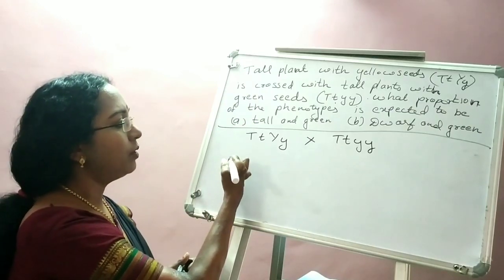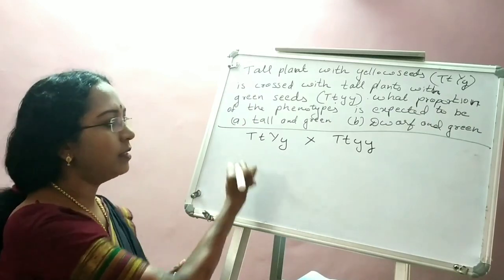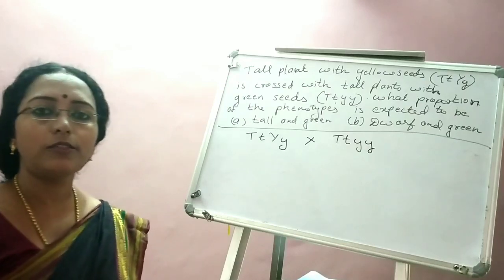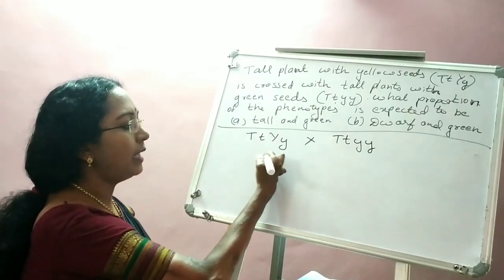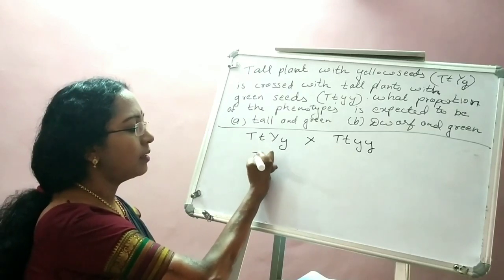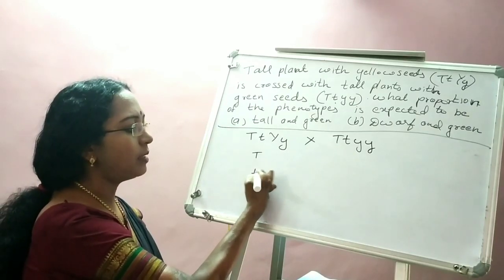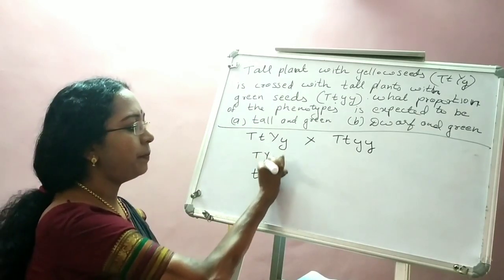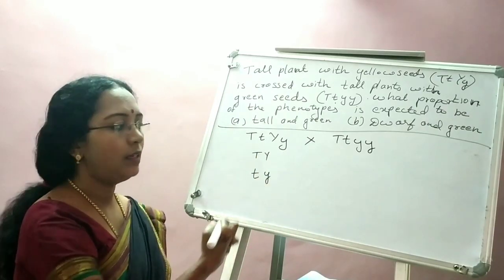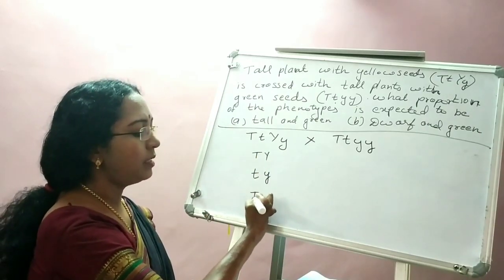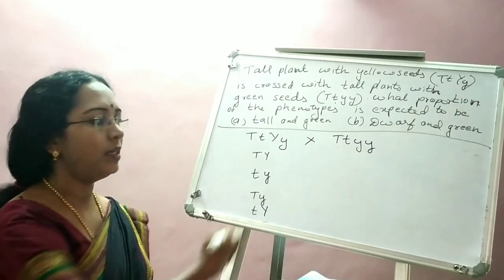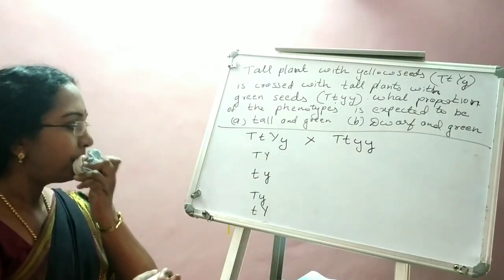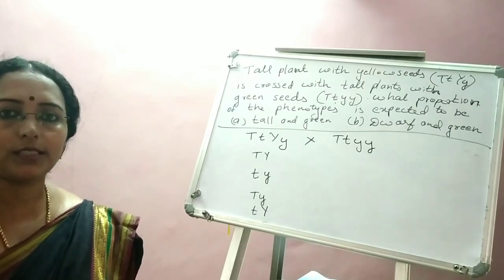Next step is what? You have to frame the gametes. Since this is a dihybrid cross, it will be better to express this in a Punnett square. Let me first write the gametes. Capital T, small t separated. Capital Y, small y. Again, capital T can combine with small y, small t can combine with capital Y. So you can get here four different combinations.